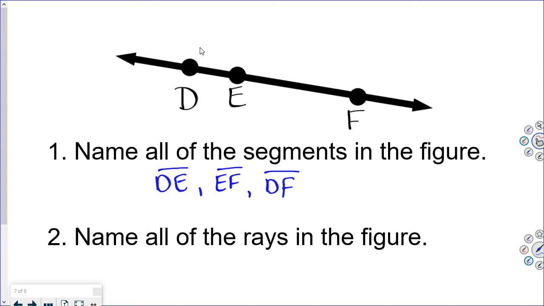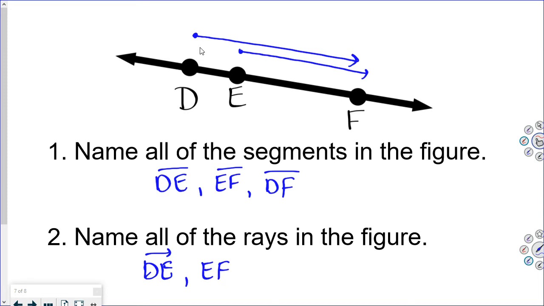When we're talking about the rays in the figure, we're going to start with the ray starting at D going to the right. I'm going to name that either DE or DF. It's the same ray, just a different name. I can do the ray going to the right from E. So again, I'm going to start at E, going through F. And then I can also go to the left.